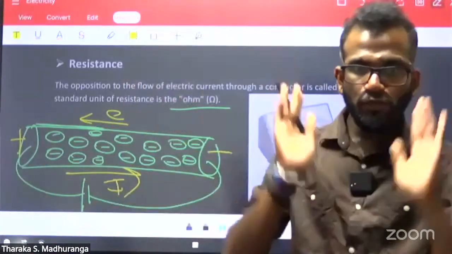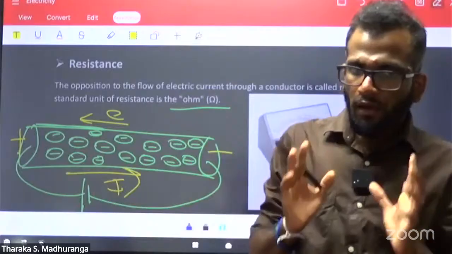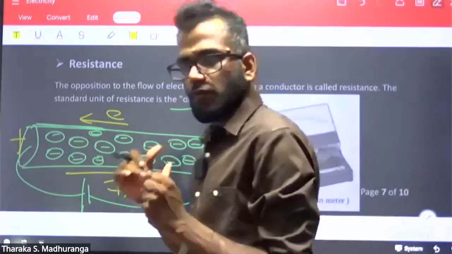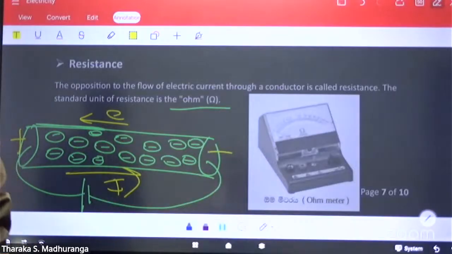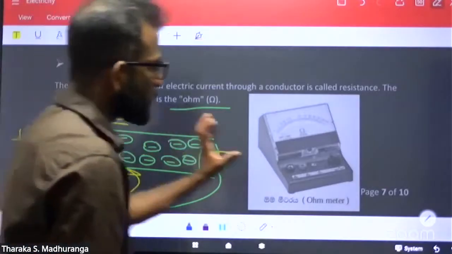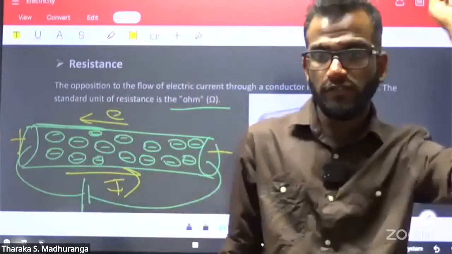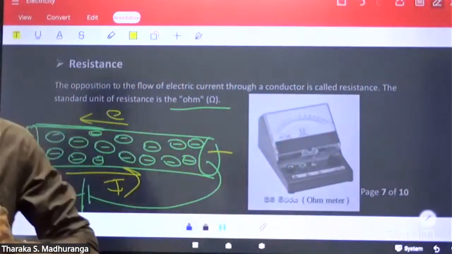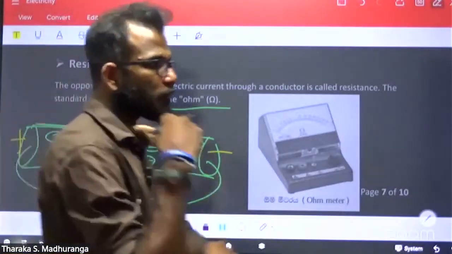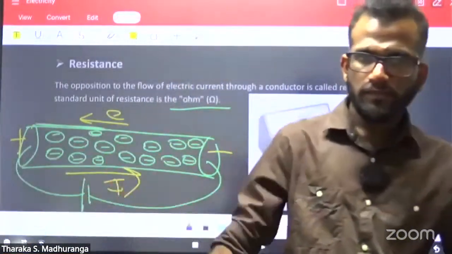I ask from you how it is formed. What is the reason? Any idea? Quickly, we don't have time. Today we need to discuss everything up to resistance systems. If we can discuss resistance systems today, next week we can complete the lesson.